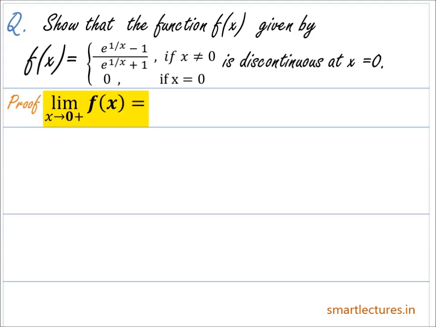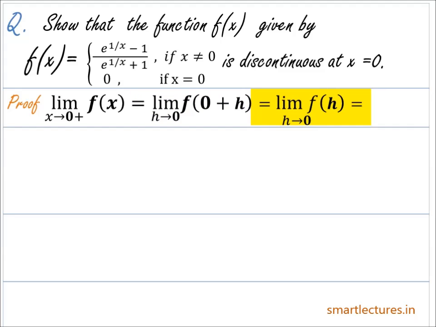And now let's find out the right hand limit at x equal to 0. Now limit x approaches 0 from the right hand side f of x is equal to limit h approaches 0 f of 0 plus h, where x is equal to 0 plus h, which is further equal to limit h approaches 0 f of h.